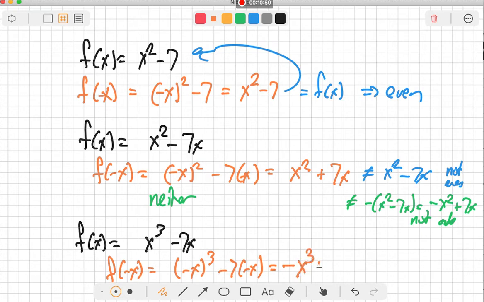Negative times a negative is positive, so that's plus 7x. And here we're going to see this does equal the opposite of x cubed minus 7x, which would be a negative x cubed plus 7x. So this is an example of an odd function.